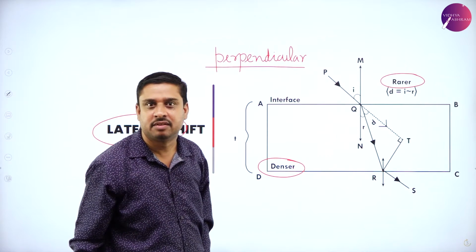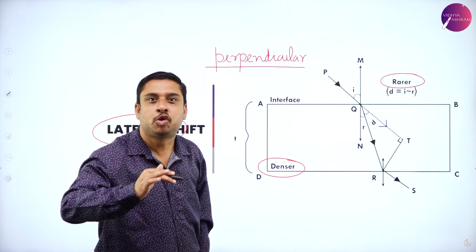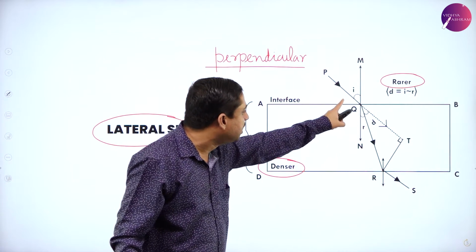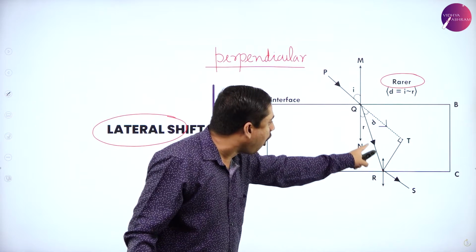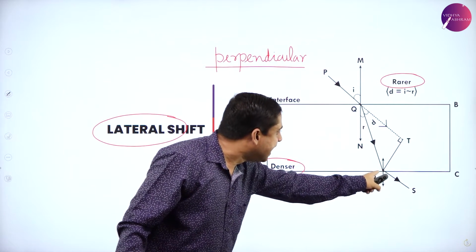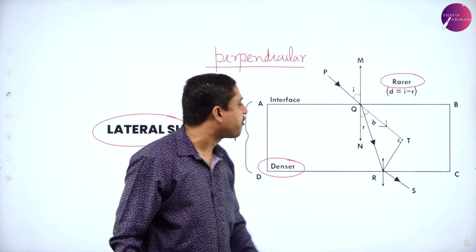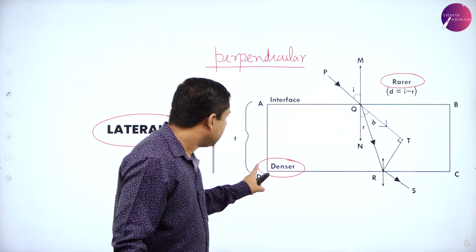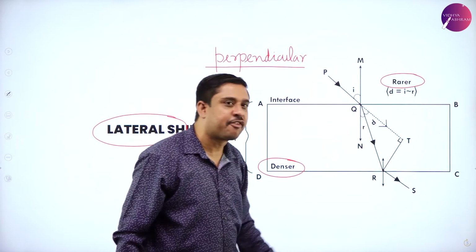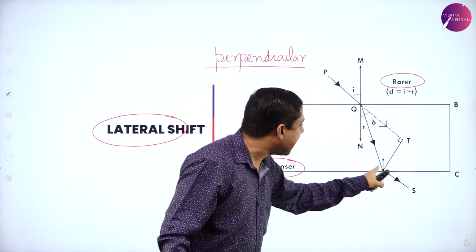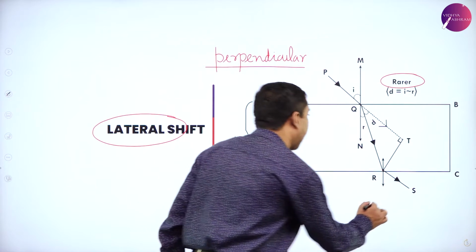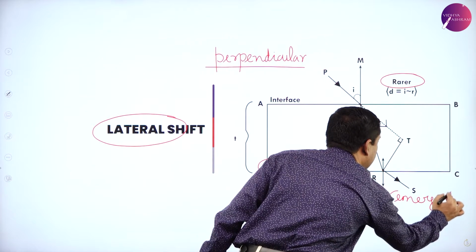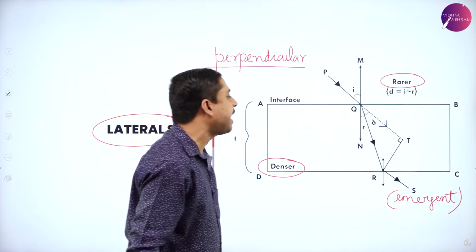After refraction, the ray QR is incident on the surface DC. Now at the surface, the ray RS is coming out, and therefore RS is called the emergent ray.